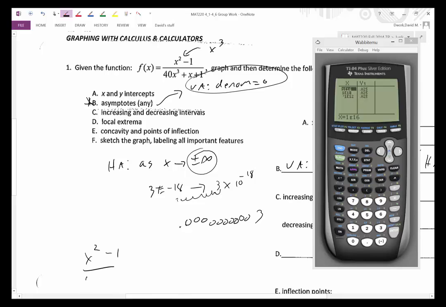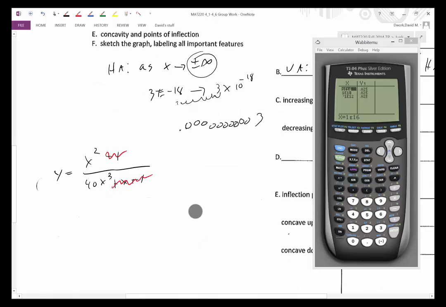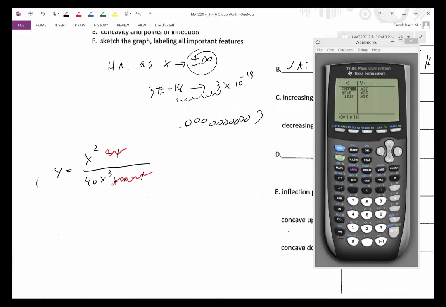And if you remember how you find horizontal asymptotes by hand, at least how I like to teach it, is using the logic of as we approach infinity, what's happening to all these other numbers. What's happening is the -1 doesn't matter, the x and the 1 don't matter, because they are so inconsequential in comparison to the size of x cubed that we don't really have to worry about them.